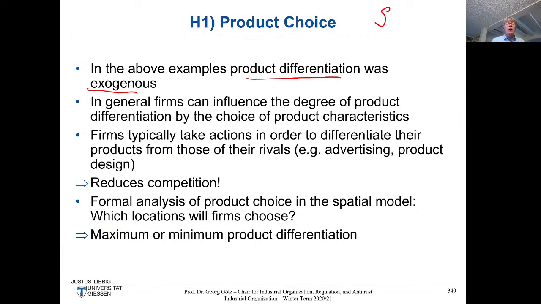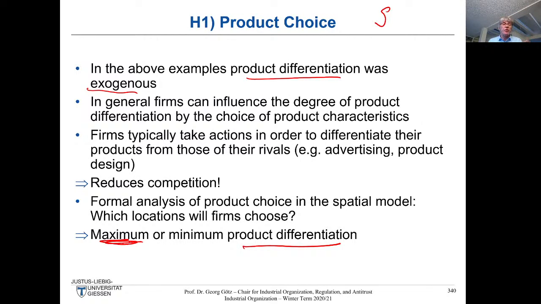What does this mean? Here we assumed for the moment that these firms chose the edges of the market, or were located at the edges of the market. That is, in terms of our linear city, they were as far apart as possible. That is, we observed what economists call maximum product differentiation.